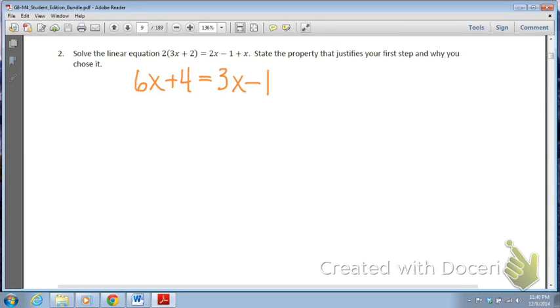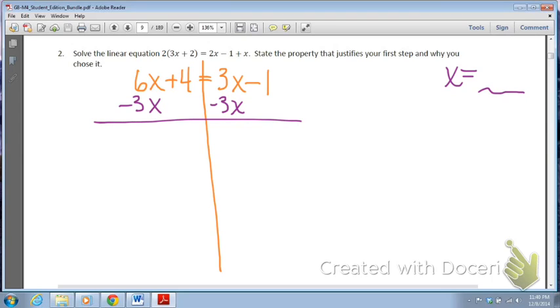So now I'm going to start using the properties of equality to work to get this equation in the form of x equals some number. Okay, so first thing I want to do is get the x terms on one side. I know that if I subtract the same thing from both sides, I will get an equivalent equation. It's going to have the same solution. It's going to still be true.